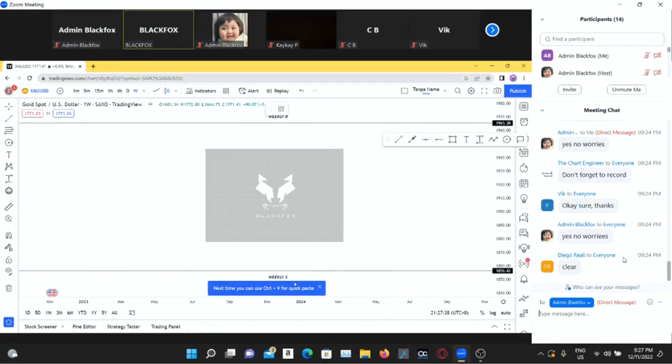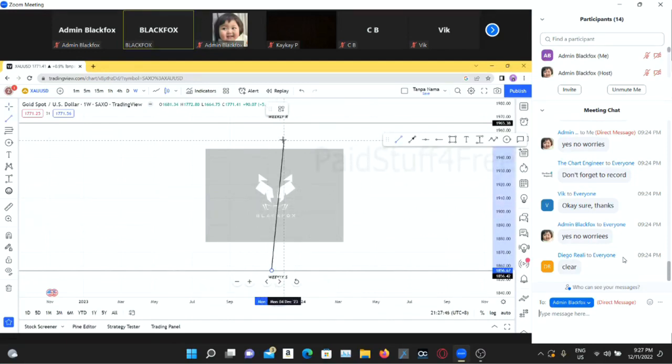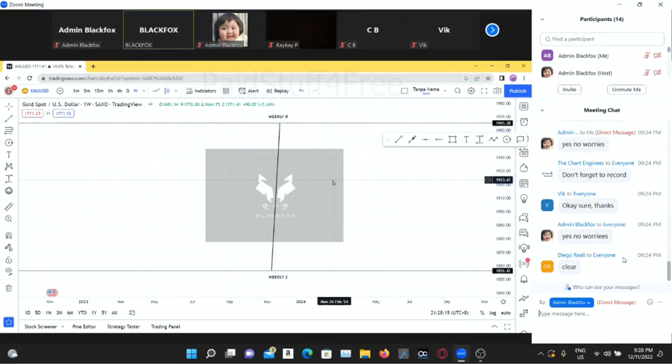So from weekly support, the price will not go directly to weekly resistance.